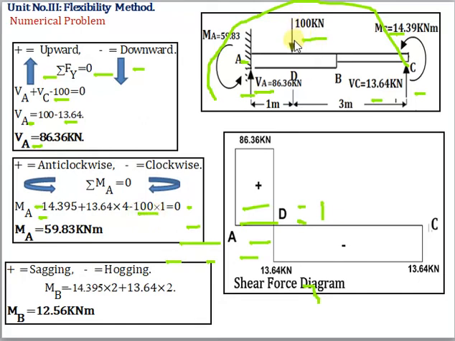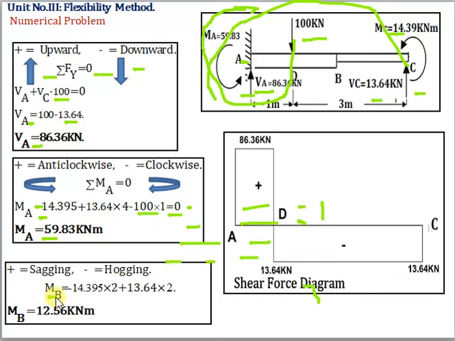And next is the 100 kilonewton, it moves clockwise, that's why minus 100 into 1, the distance is 1, is equal to 0. So MA is equal to 59.83 kilonewton meter.